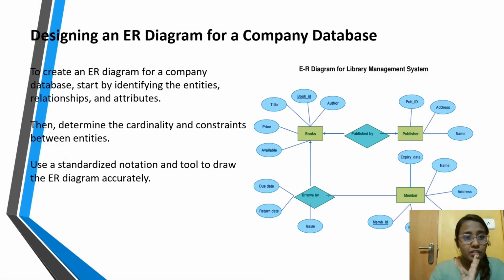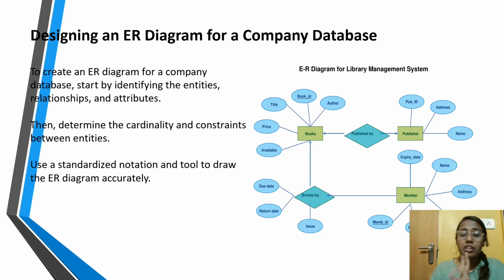The next one is designing an ER diagram for a company database. So how will we design an ER diagram for a company database? To create an ER diagram for a company database, start by identifying the entities, relationships, and attributes. So first of all, we have to identify the entities, the relationships and the attributes present in the company. Then determine the cardinality and the constraints between the entities.